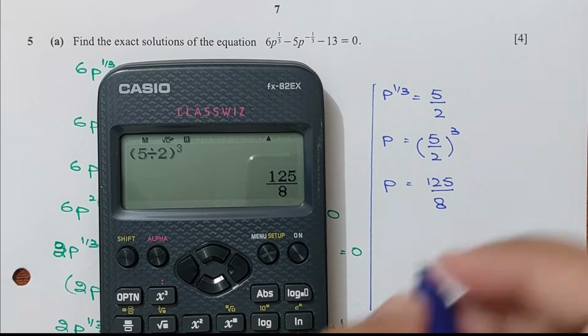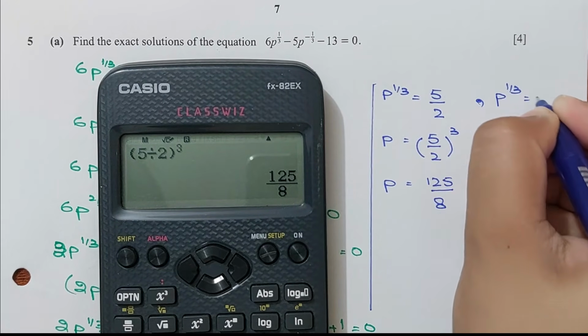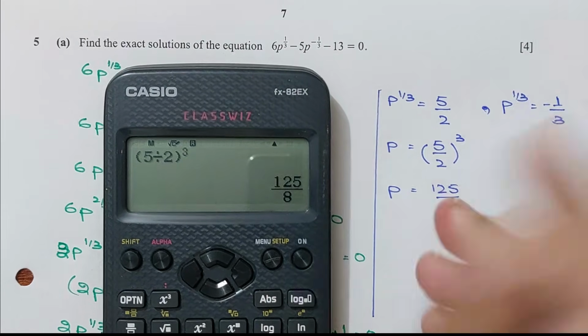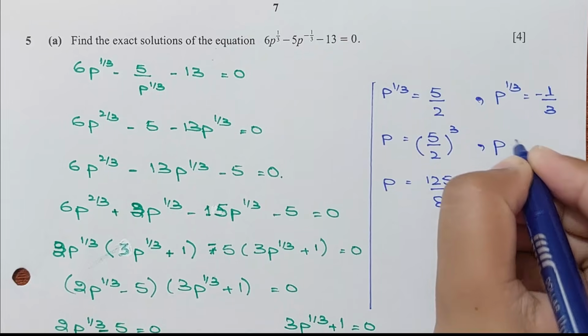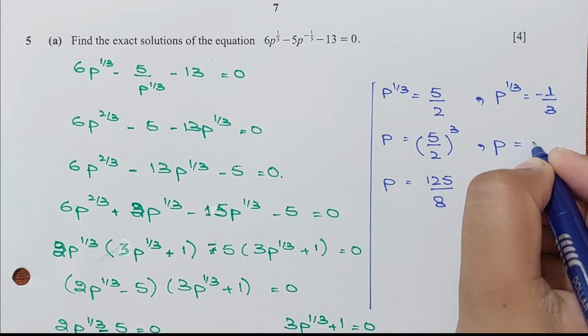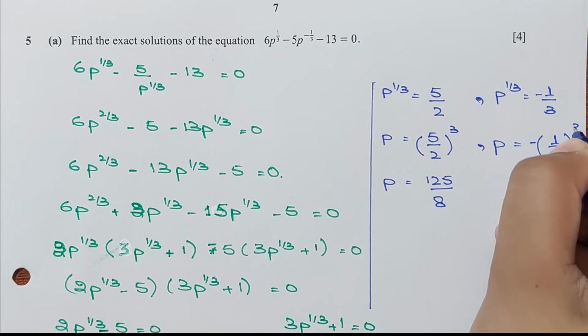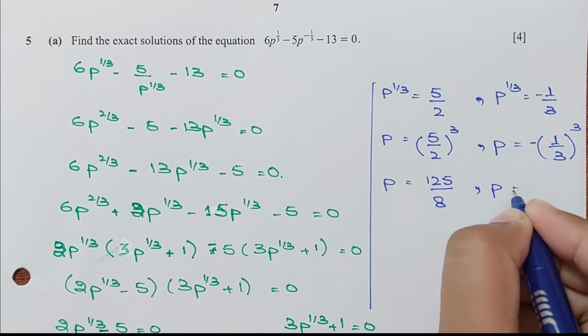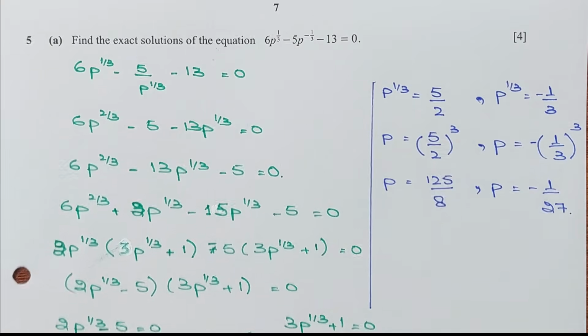This is the first solution. And the second solution is p^(1/3) equals minus 1/3. So cube again, p would be equal to negative (1/3) cubed. So p equals minus 1 over 27. These are the two solutions.